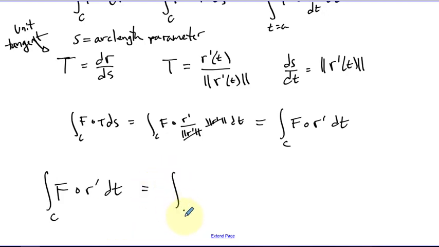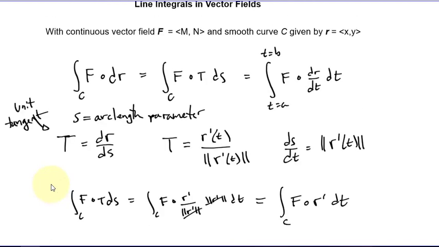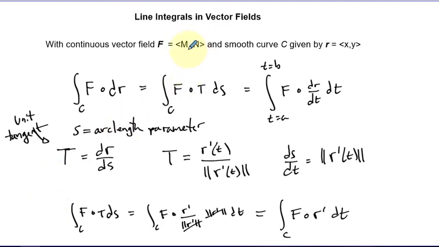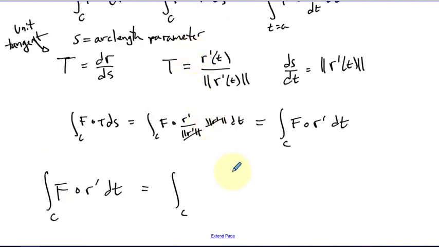Well, I was talking about how this F at the very beginning is made of these components, M and N. So let's put that in and see another way in which this thing can show up.